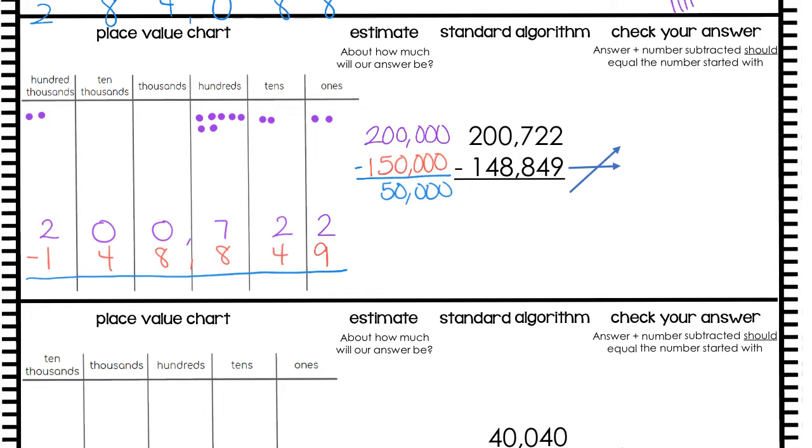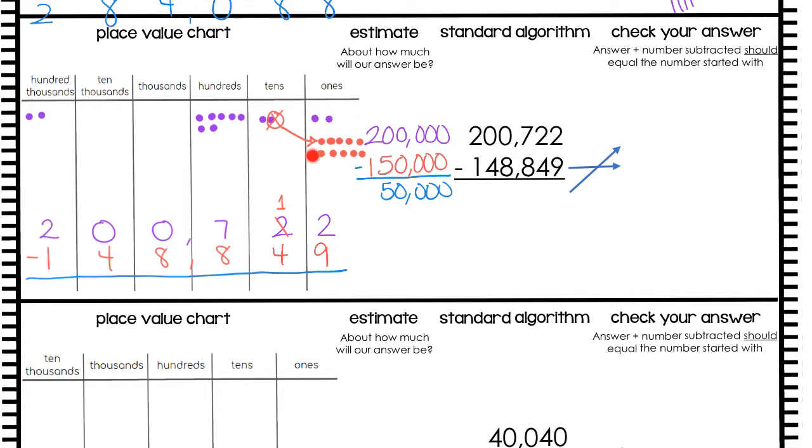And now I'm taking away 148,849. So we begin in our ones place. I have 2 ones. Can I take away 9? No, I cannot cross out 9 because there aren't 9 here. So I must go over to my tens place and regroup 10. So instead of having 2 tens, now I have 1 ten.